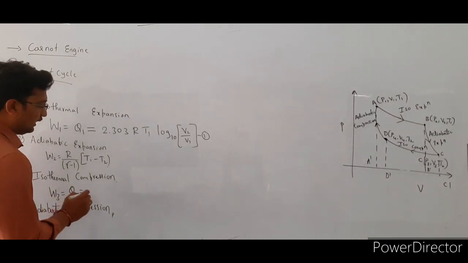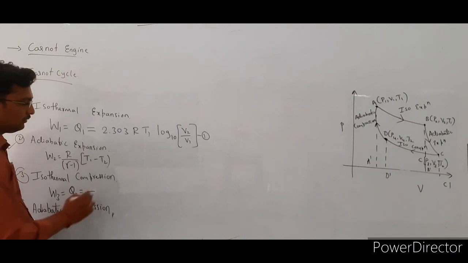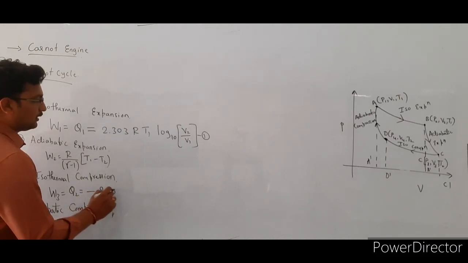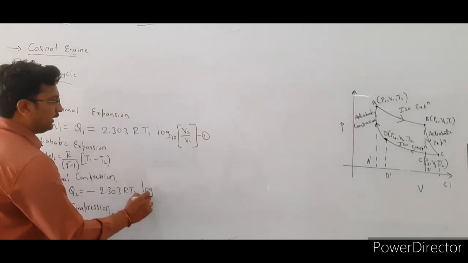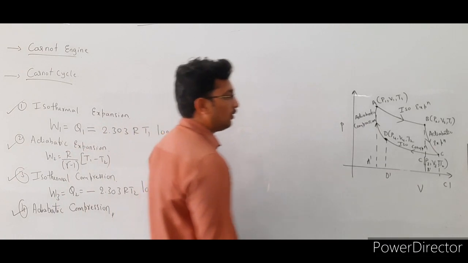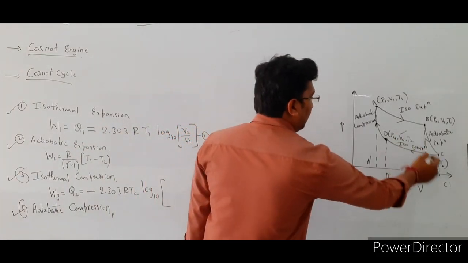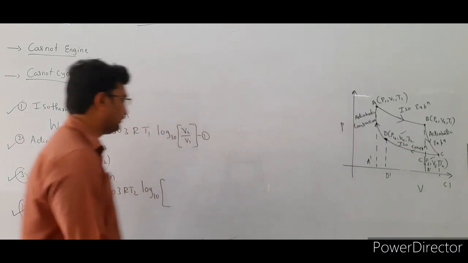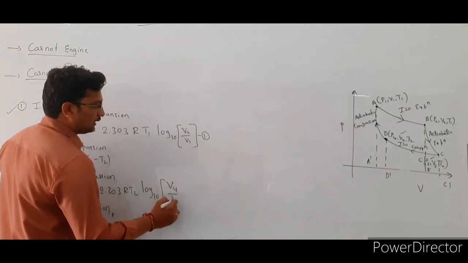Then here the amount of heat energy rejected to the system, that is why it is taken as a negative, into 2.303 RT2 log base 10, the final volume over initial volume, that is V4 by V3, right.